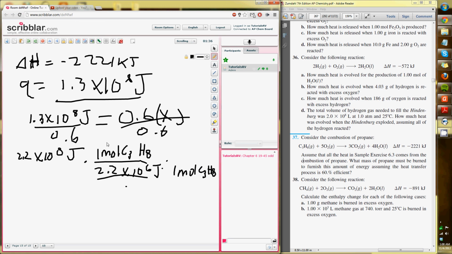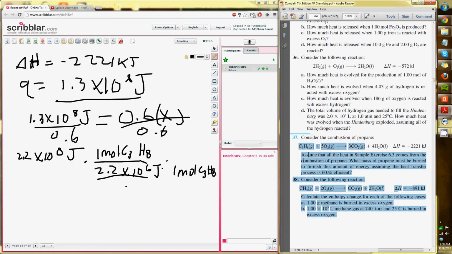If you don't understand why this happens, it's because delta H explains the transfer of energy through the entire balanced equation. So 1 mole of this results in this enthalpy change. That's basically what this conversion is saying.